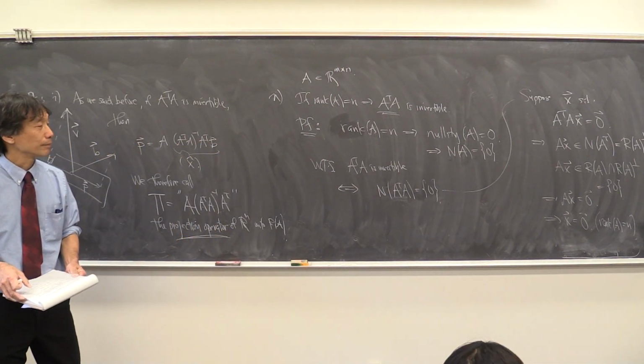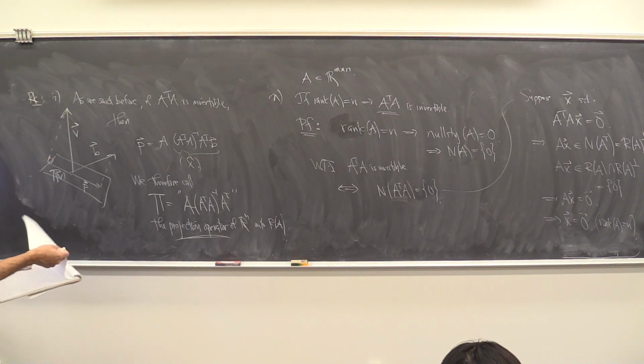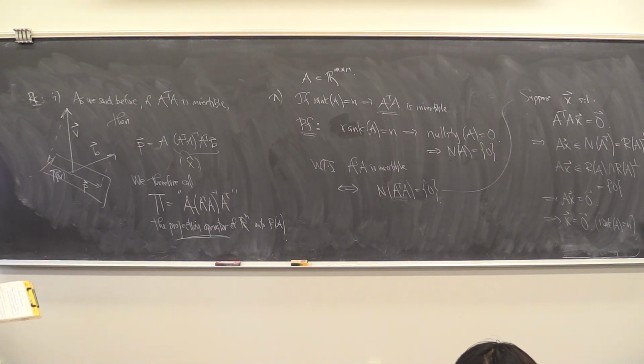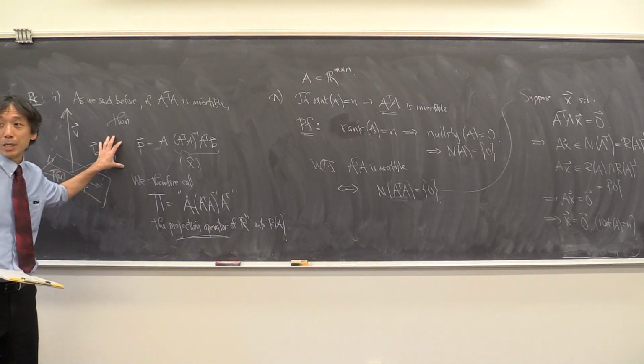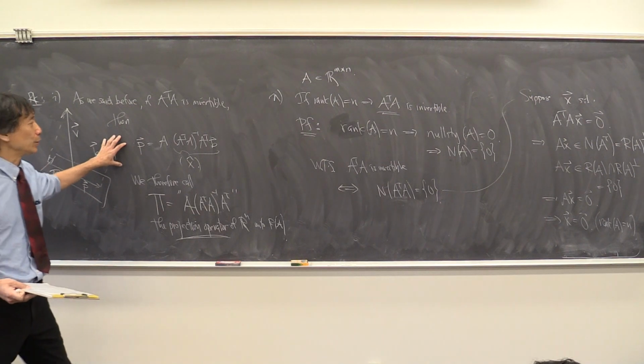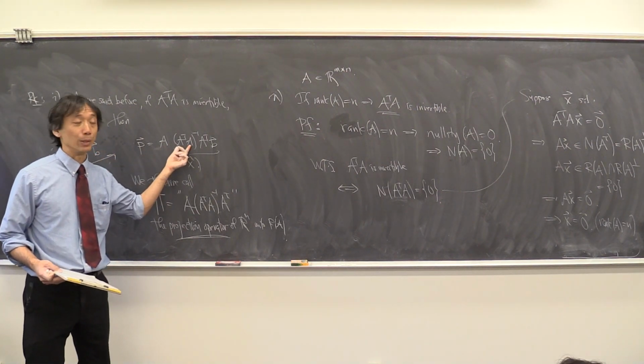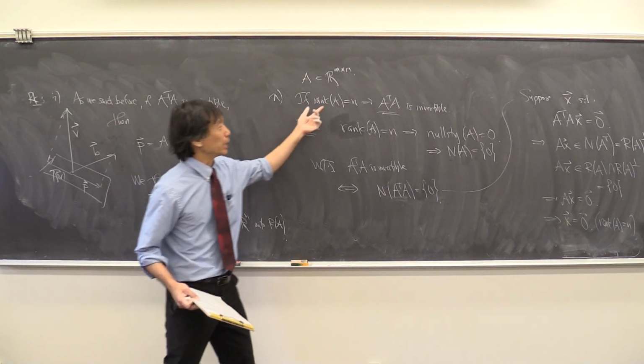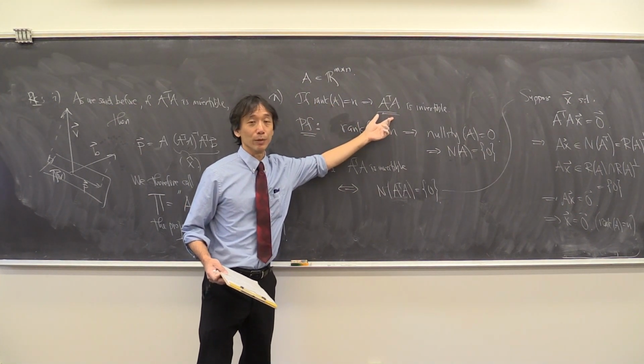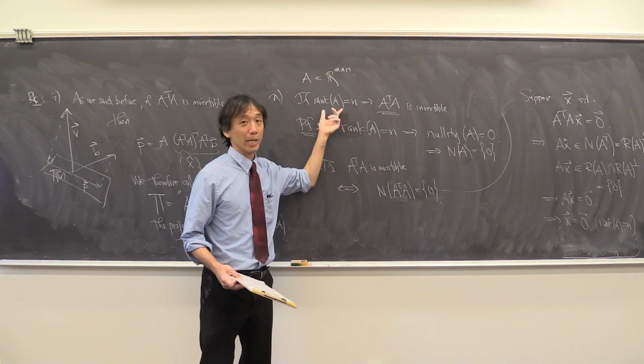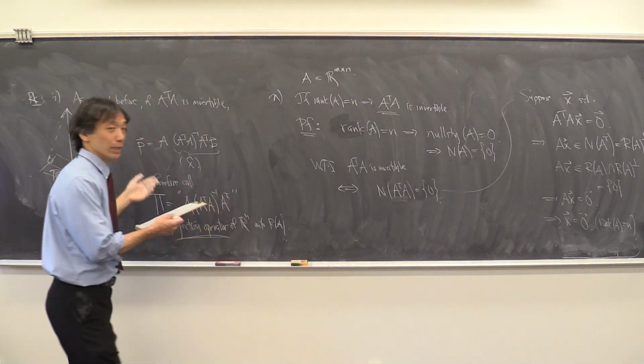Okay, so that just gives you a condition. We introduced this projection operator. You can use it when this thing is invertible, and here's a condition that gives you when that thing is invertible. If the rank is n, then you can actually define a projection operator.